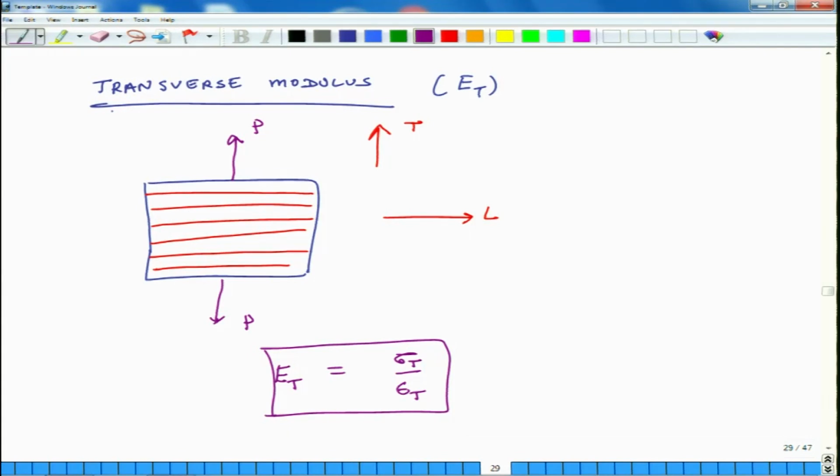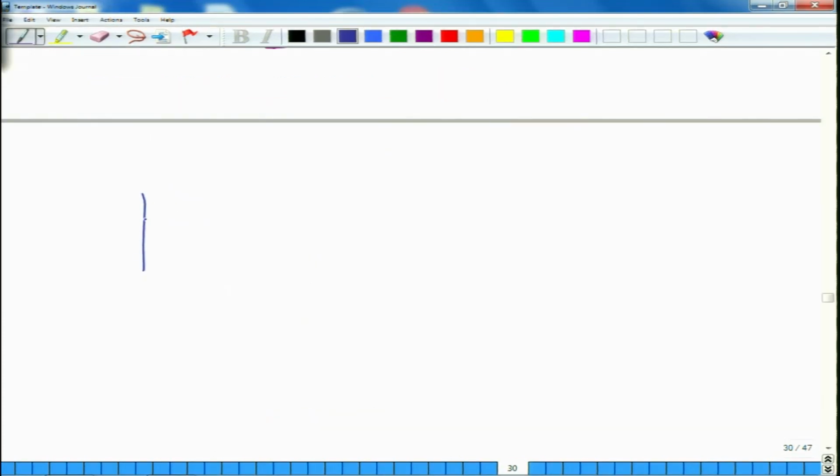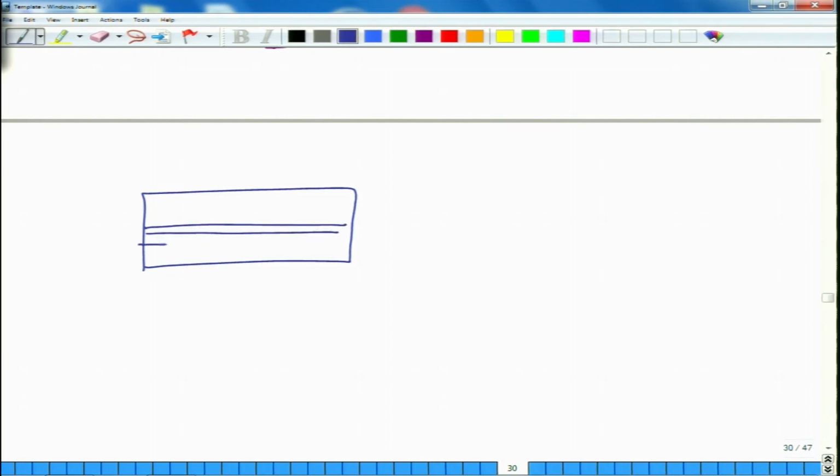So, first we will make a coarse model like we developed for longitudinal modulus. Suppose I have a piece of composite and it has some number of fibers and the remaining part is matrix. Let us say I designate this part, all this, as fiber.